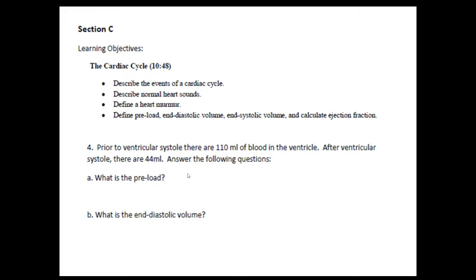So that is by definition preload, right? And if it is right before systole, it means that it's at the end of the relaxation phase, which is diastole. So the end diastolic volume is also 110 milliliters. Okay, it's the amount of blood that's in the ventricles right before it contracted. That is preload, that is end diastolic volume.